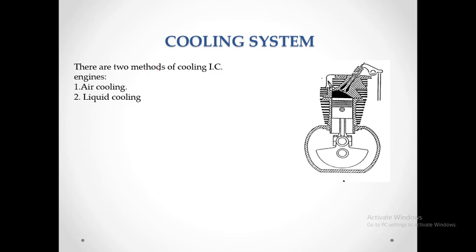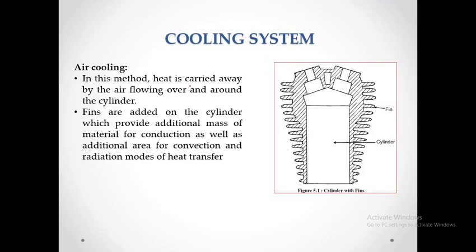Cooling systems are of two types, air cooling and liquid cooling. What happens in air cooling? Heat is carried away by the air flowing over and around the cylinder. The best example of air cooling is the use of fins.